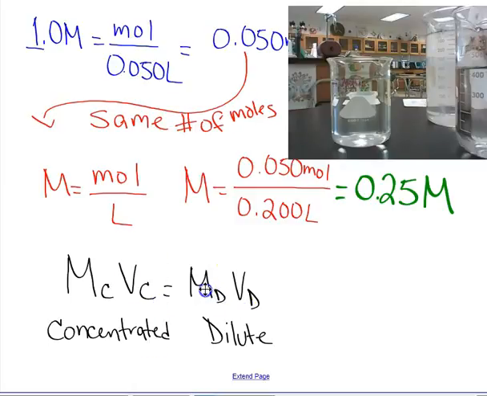We could have used this equation to solve for the molarity of the dilute by just plugging right in, but I wanted to show you where it came from.